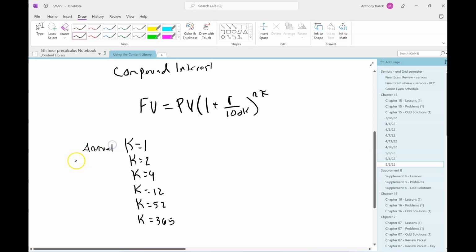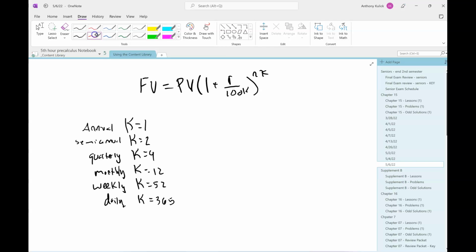What we want to look at now, maybe we'll write that stuff. What if we have interest compounded continuously?